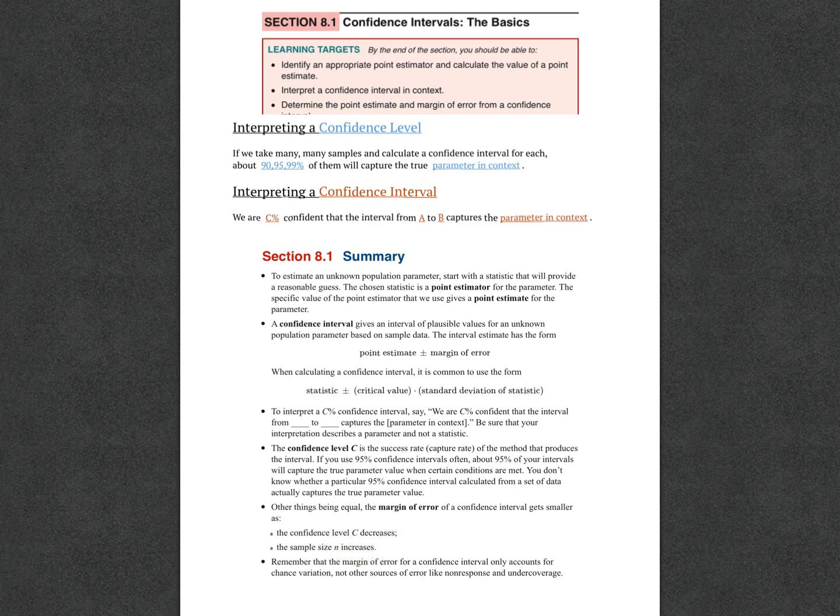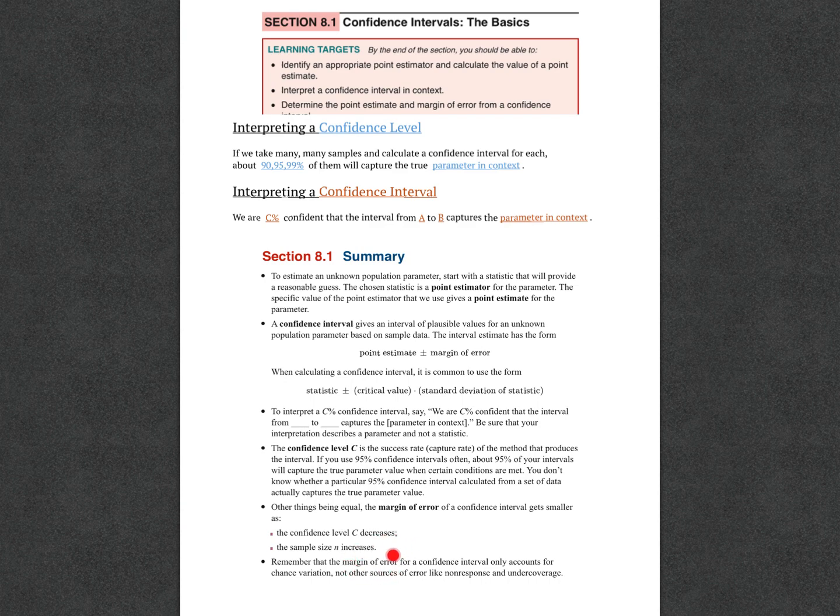So a smaller confidence level will give a smaller margin of error, and the margin of error will decrease as the sample size increases.